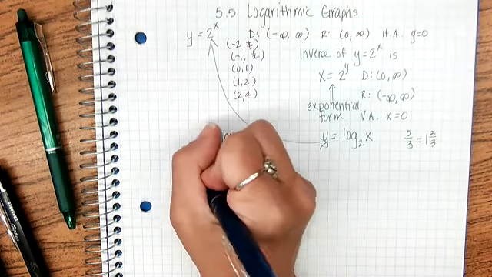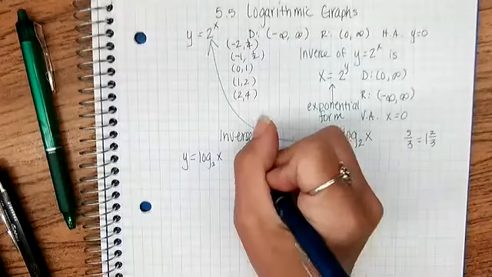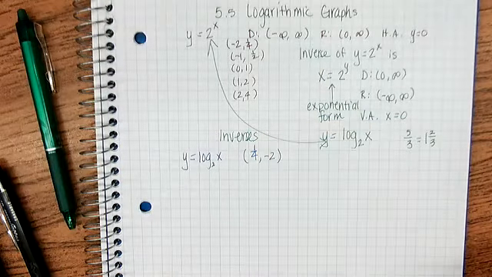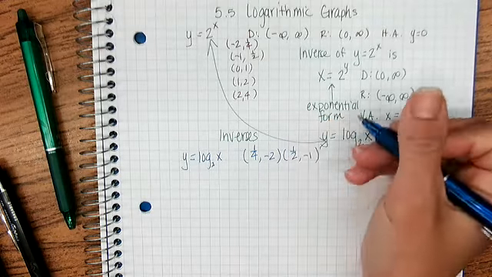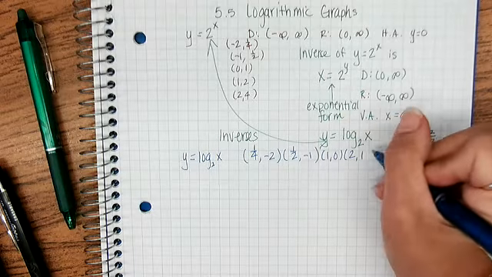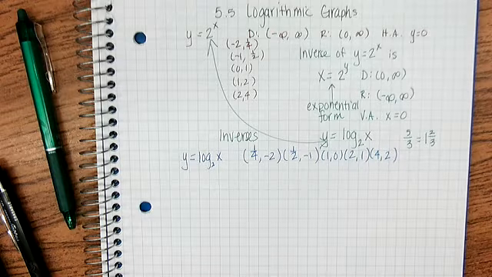So y equals the log base 2 of x. My parent points are going to be 1/4, -2. 1/2, -1. 1, 0, 2, 1, 4, 2. Those are going to be your parent points.